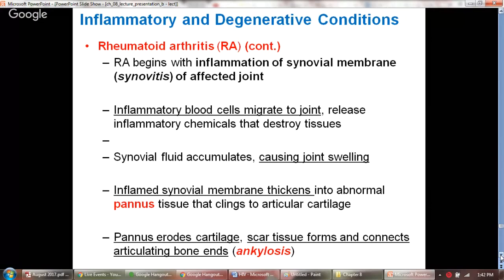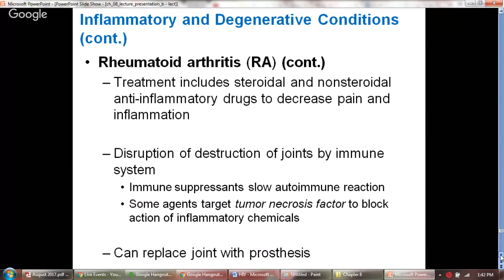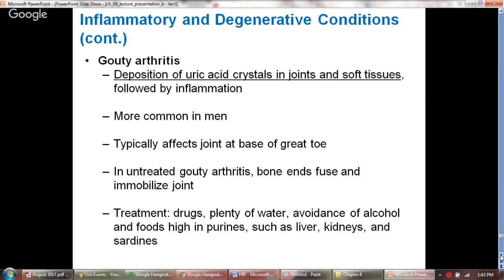If the pannus tissue erodes the cartilage, scar tissue forms and connects the articulating bone ends. We call this ankylosis. The treatments for rheumatoid arthritis include steroidal and non-steroidal anti-inflammatory drugs, which decrease the pain and inflammation, and destruction of joints by the immune system, and also joints can be replaced with prostheses.